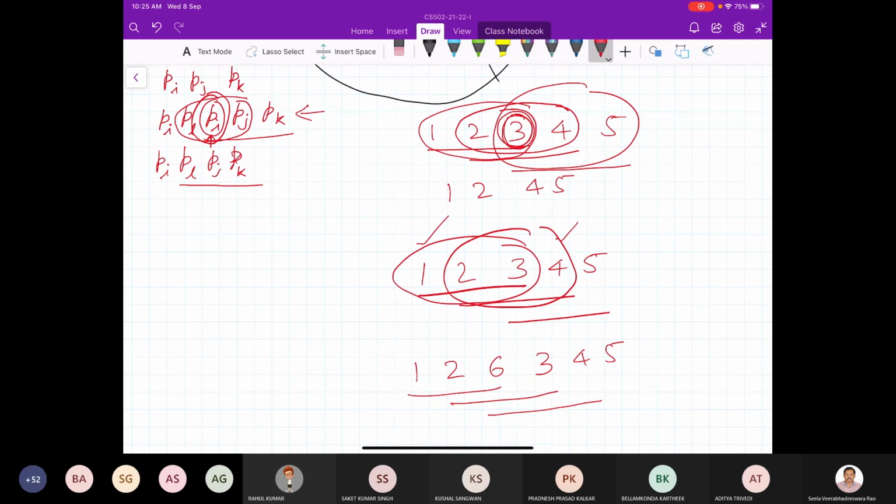So what data structure is used for this? Priority queue. So in the priority queue, when you are relaxing the edges, you have to decrease the weight of a vertex.